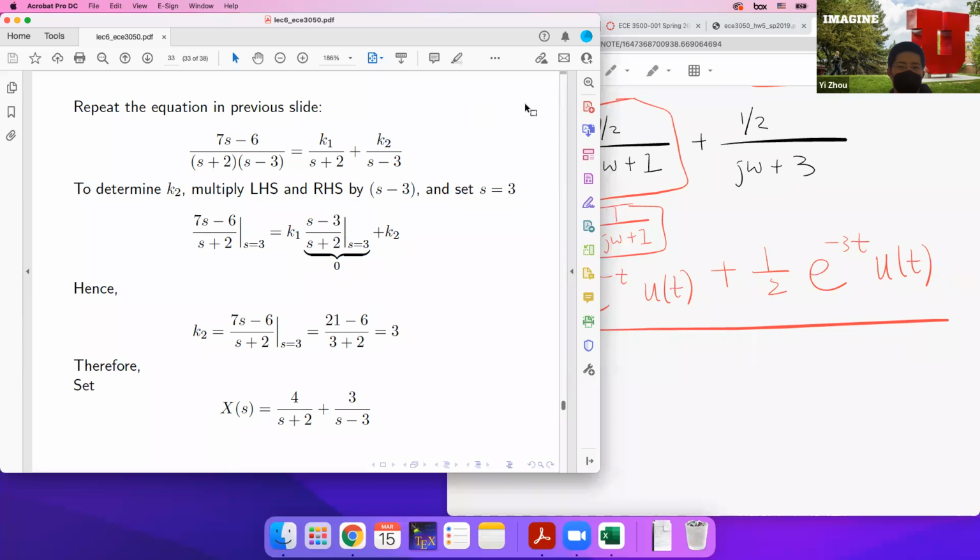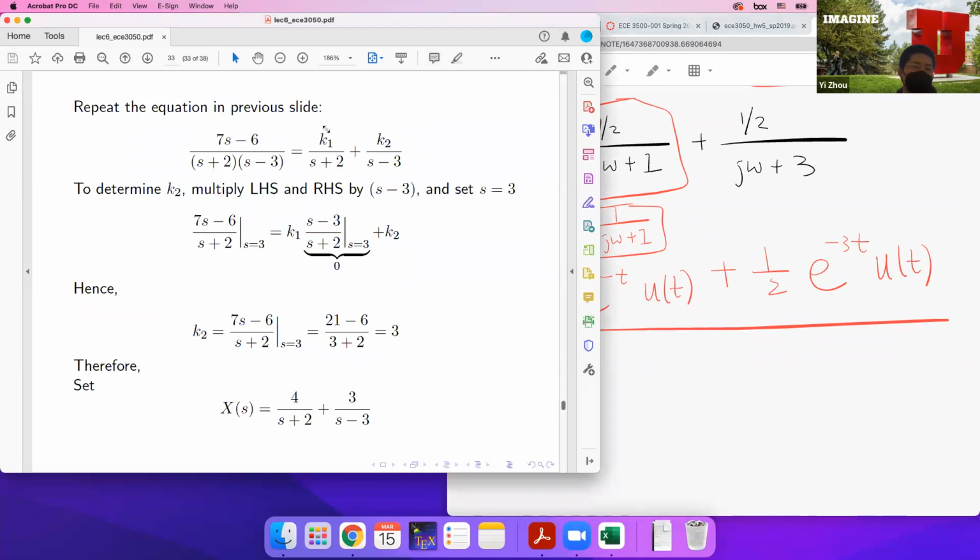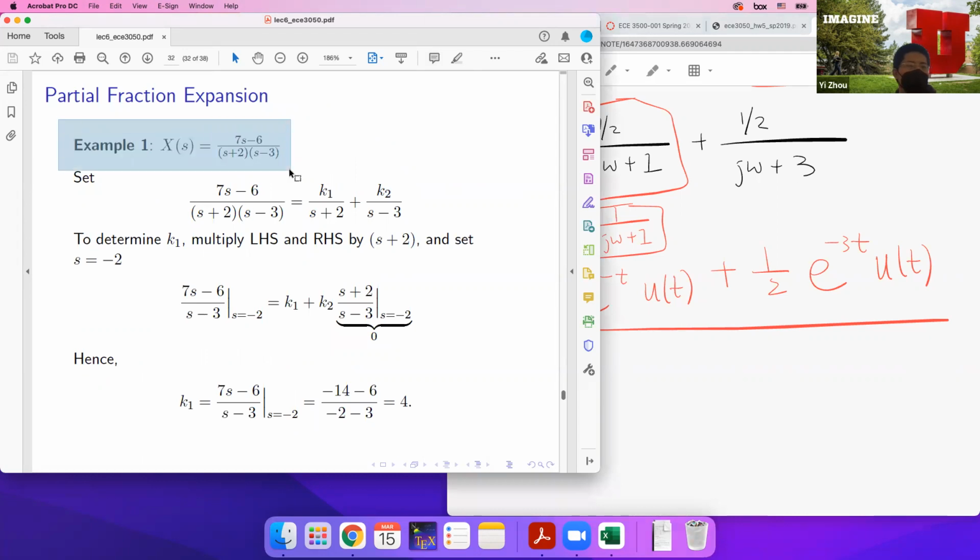So let's go over some examples. Here are two examples, and we want to use partial fraction expansion to decompose them into smaller fractions. For example 2, normally, in the homeworks and in the exams, example 1 is sufficient.